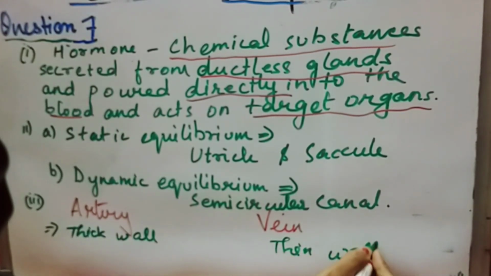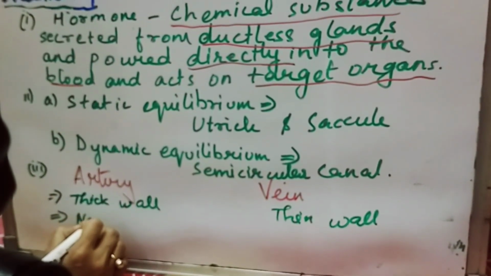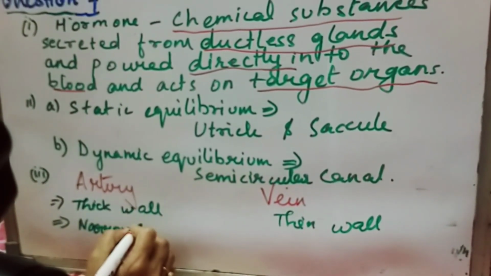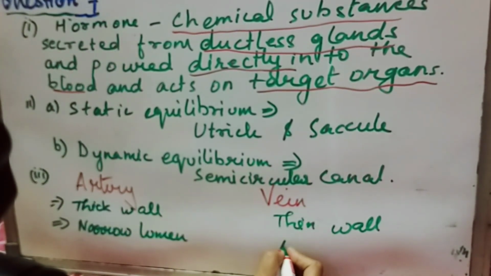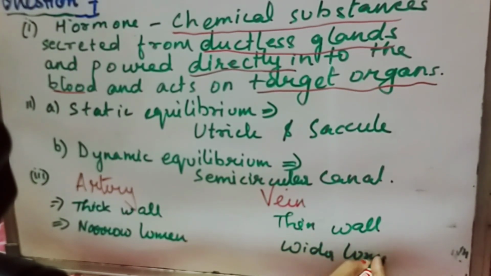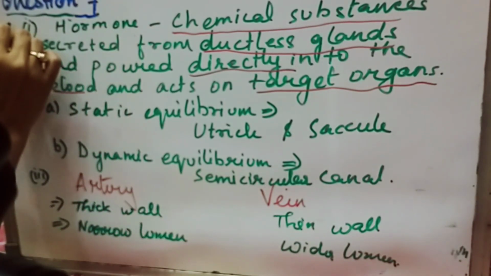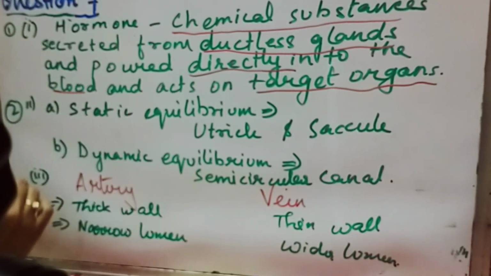Second one, it has a narrow lumen, whereas vein, they have wider lumen. So the marks of this question comprise 1, 2, 2. We'll go to the subpart 4.